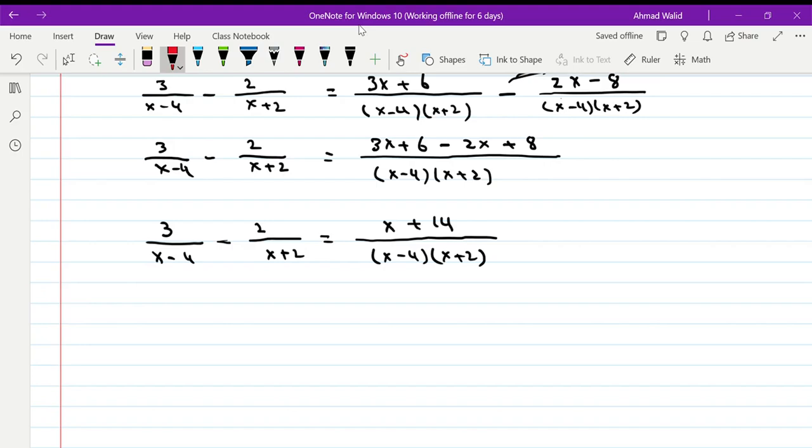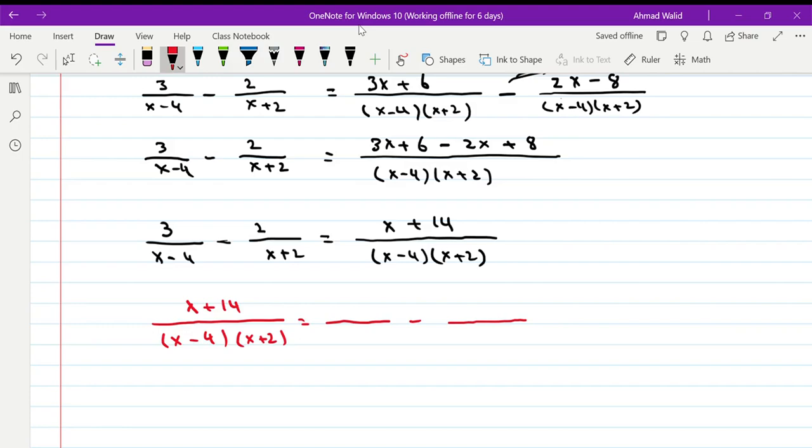They give you a fraction like this, x plus 14 over x minus 4 times x plus 2. They ask you to find which fractions actually subtracted to give you this fraction or this rational expression.